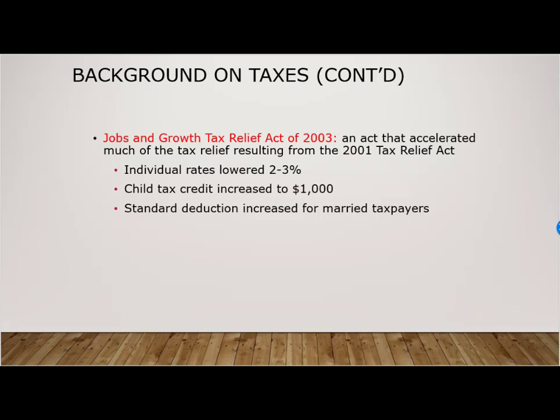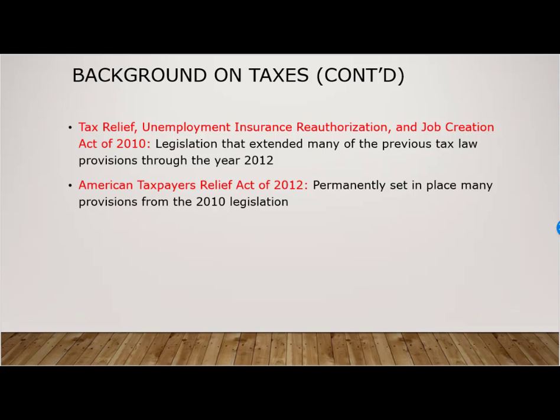The Job and Growth Tax Relief Act. Again, this was geared to help accelerate the tax relief from 2001. It lowered individual rates 2 to 3%, increased some of the child tax credits, and increased some standard deductions for married taxpayers. But again, the idea here is all about stimulating the economy.